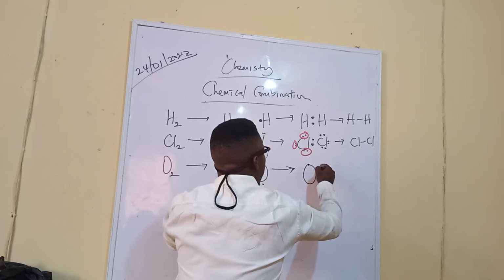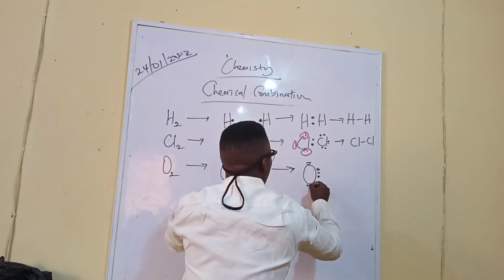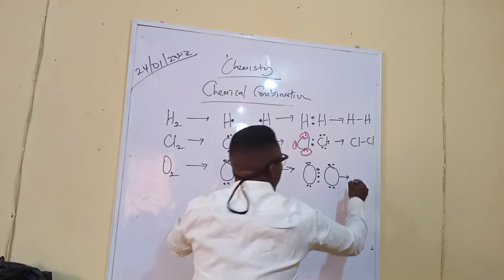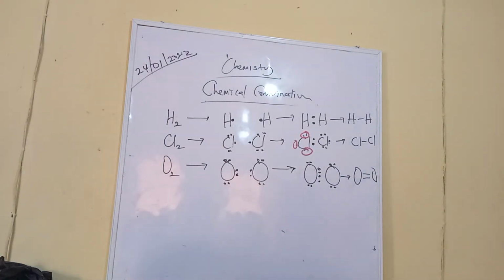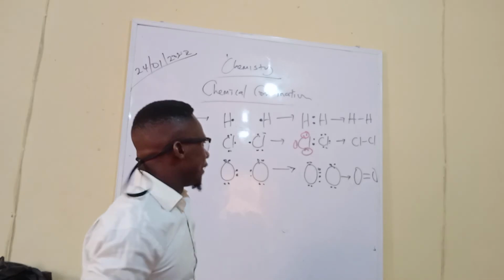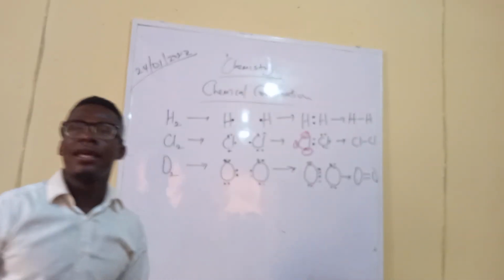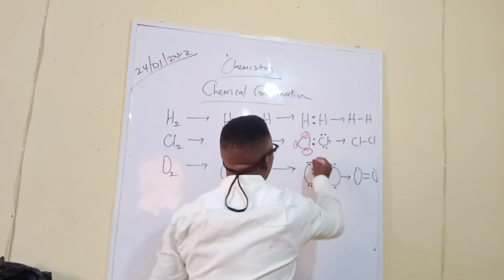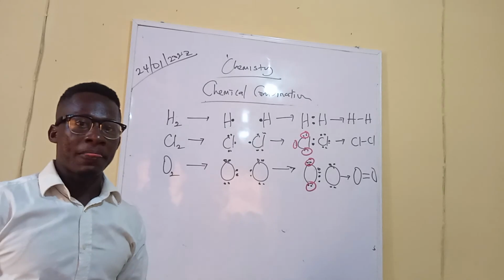So after bonding, you have oxygen double bond O=O. So an oxygen molecule has a double covalent bond, and each atom has 2 lone pairs of electrons remaining on it.